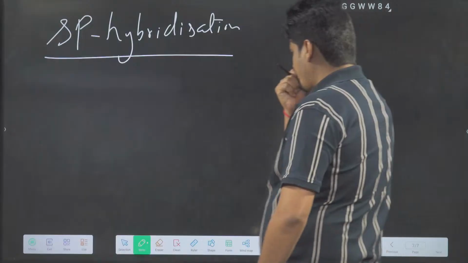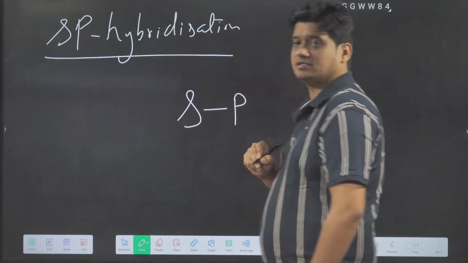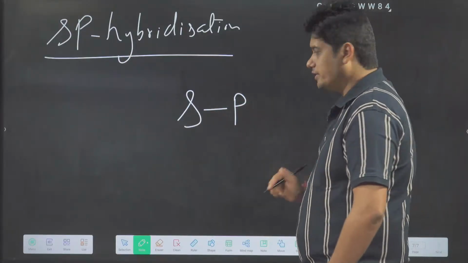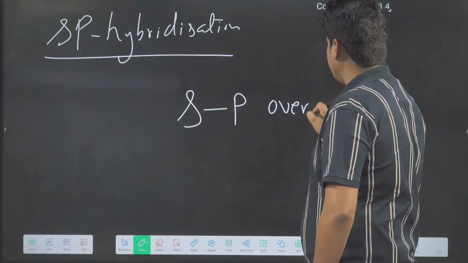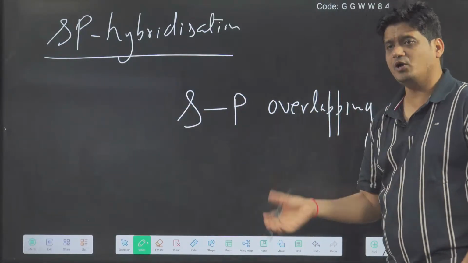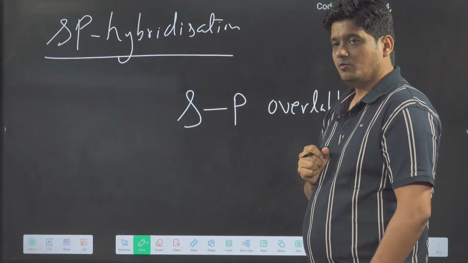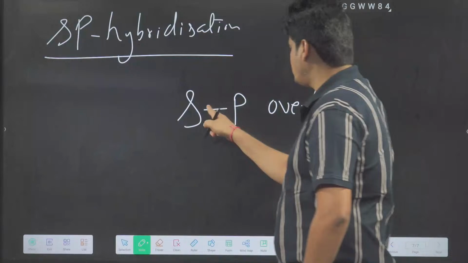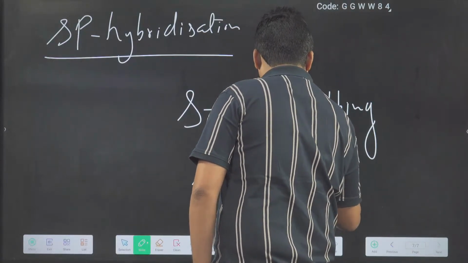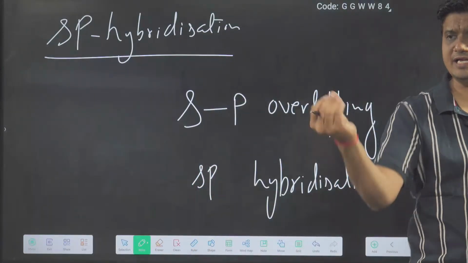Okay, tell me one thing. Have you realized that when you are writing overlapping, let's say overlapping between s and p orbitals, you say, sir, s-p overlapping, in this way with a hyphen. But when you are writing hybridization, you are not using this hyphen, you are writing sp hybridization. Have you realized why?